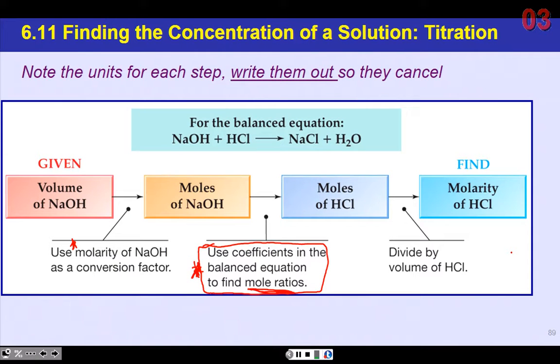And then once we know the moles of sodium hydroxide relating to the moles of HCl, we'll need to divide by a volume, and you'll see it when we set it up. Taking moles divided by a volume will give us molarity. That's, in general, how these things are going to work, but it makes no sense until we see some actual examples. All right, ready, set, go.